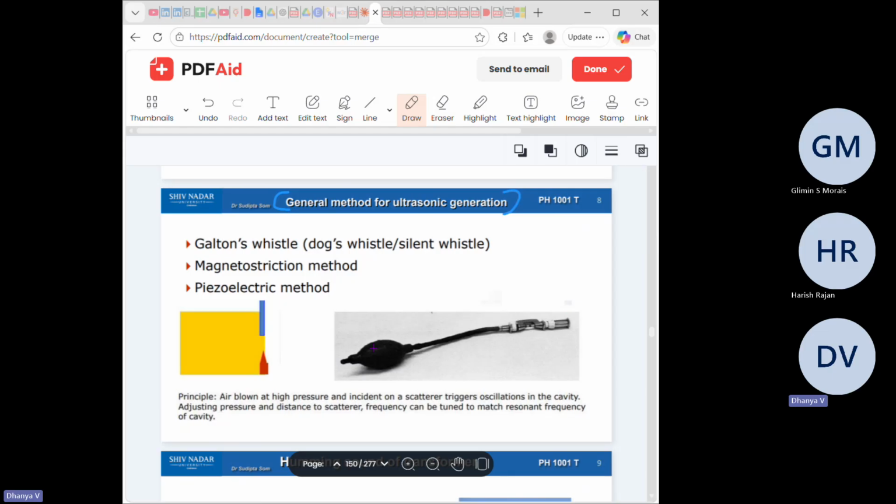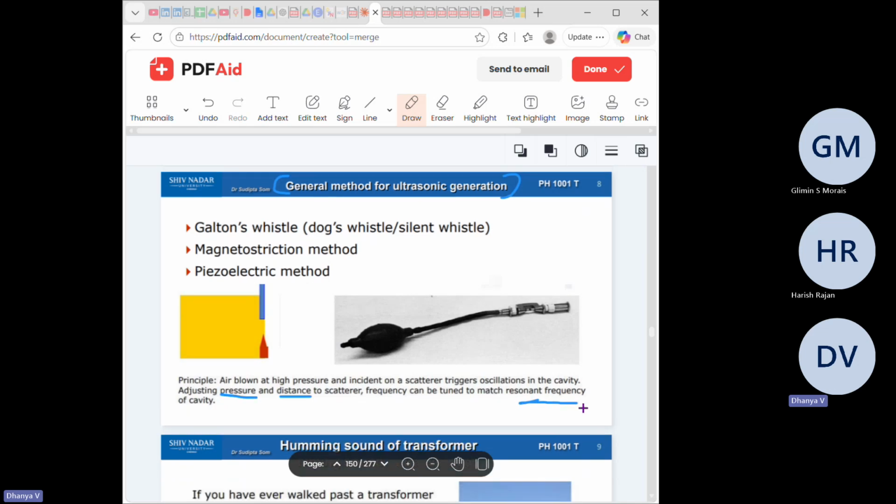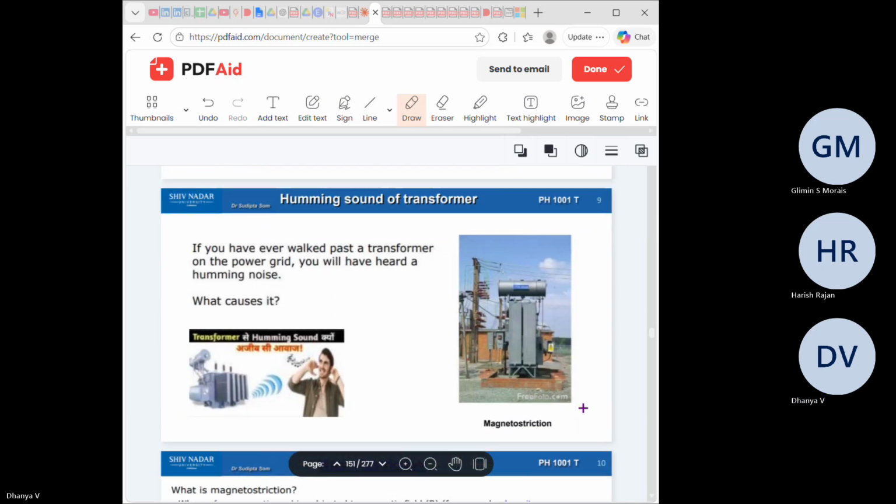You can adjust your pressure, based on how much air is blown, and the distance to the scatterer. You can try to match the frequency to the resonance frequency of the cavity. So that's all.